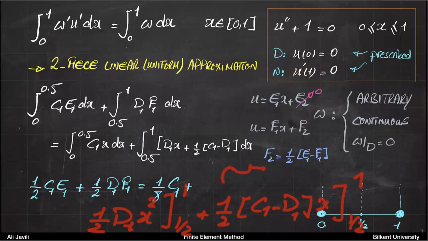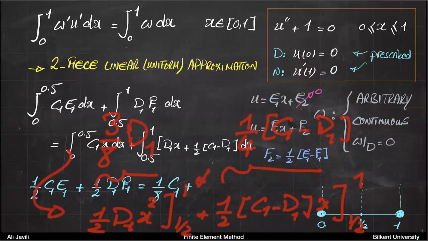So this part altogether gives you 1/4 c1 minus d1. And the first part altogether gives you 3/8 of d1. Okay, so you can see it's 3/8 if you pay attention to the limits.